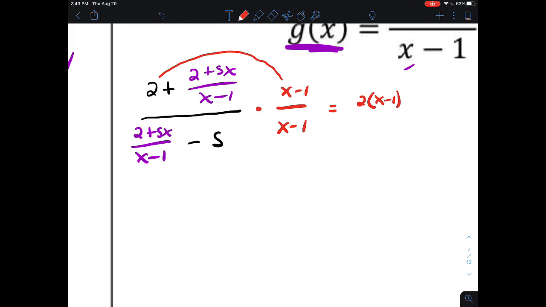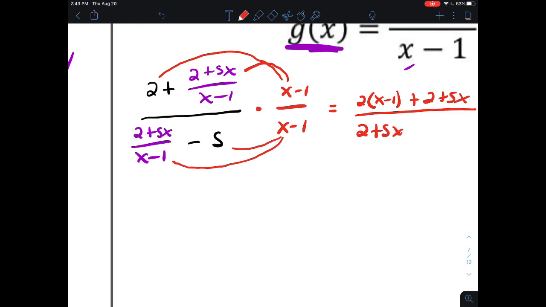And then when I multiply it to the second term, that fraction, all that's going to be left is that numerator, so plus 2 plus 5x. So that's my new numerator. My denominator, multiply the x minus 1 to the first term, leaves me with just 2 plus 5x. Multiply it to the second term, I have minus 5 times x minus 1.